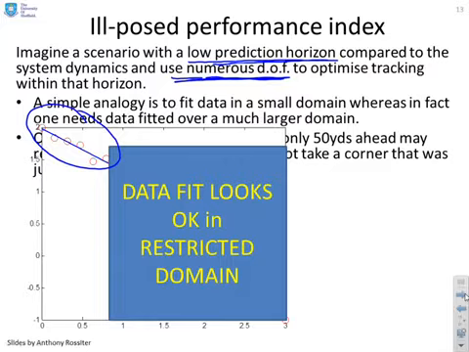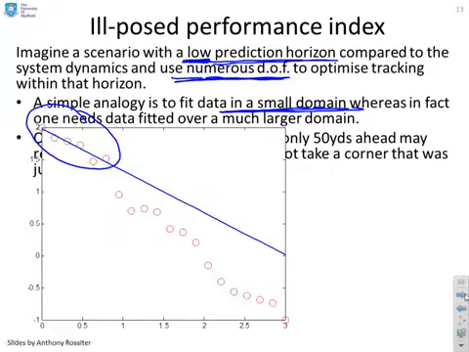But the key thing here is I've only done the optimization over a low prediction horizon, whereas in fact I need to model the data over a much larger prediction horizon. So what happens when I look at the whole horizon is this. You'll see that the actual data drifts over here, and so my model is now poor.